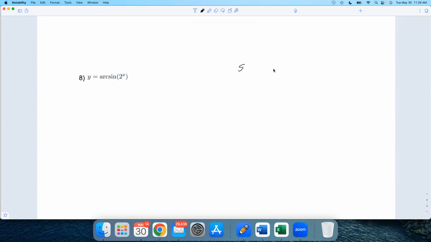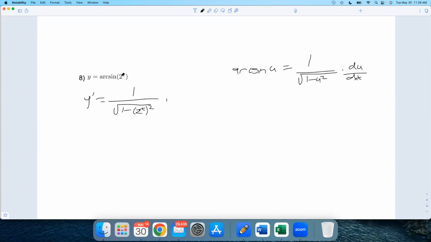The derivative of arcsine, or inverse sine, of some function u is 1 over the square root of 1 minus u squared times the derivative of whatever was inside, if x is our independent variable here. So y prime here will be the derivative of arcsine of junk, which is 1 over the square root of 1 minus junk squared, times the derivative of what's inside.